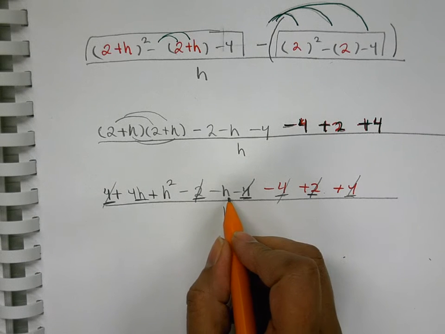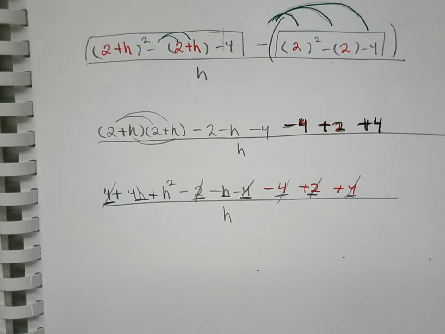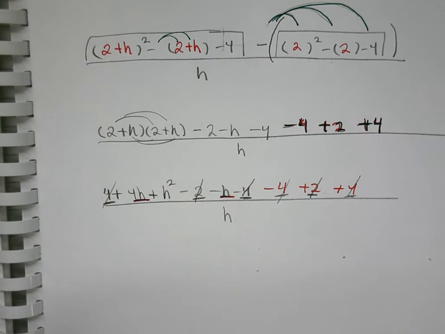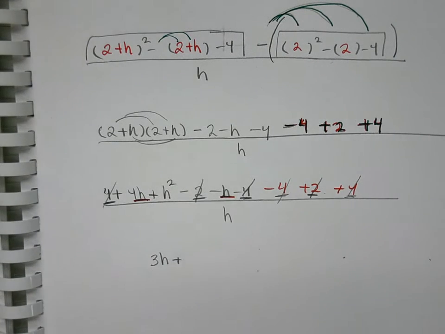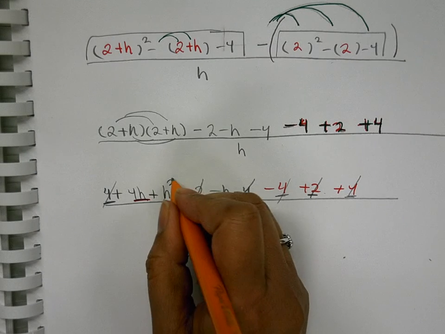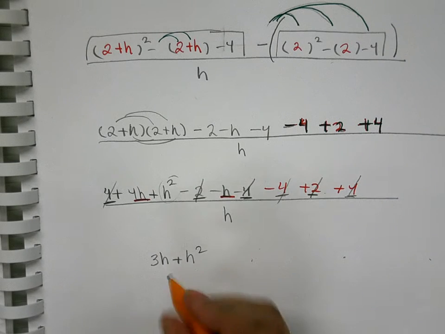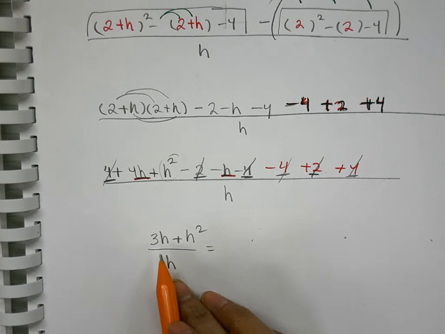Do you guys see it? 4h and negative h. 4h and negative h is 3h plus h squared. It's this guy right there. 4h take away h is 3h plus h squared all over h.